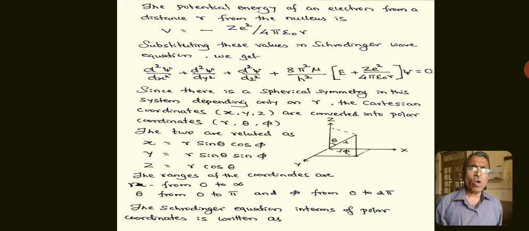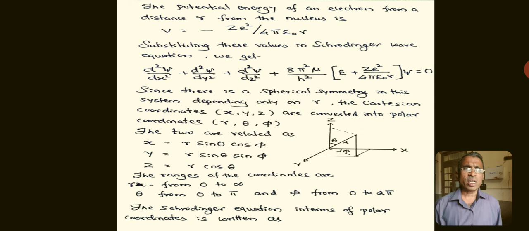The ranges of the coordinates are: r from 0 to infinity, that is the distance from the nucleus to the electron, theta from 0 to pi, and phi from 0 to 2 pi.